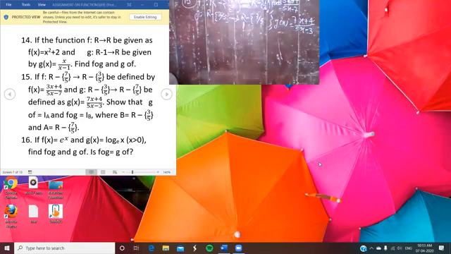And in this question, you have to show that gof is equal to IA and fog is equal to IB.